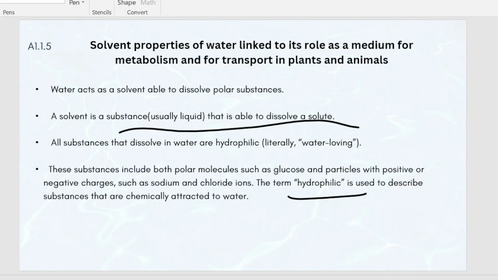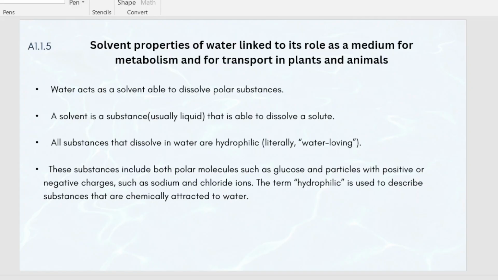All substances that are attracted to water are said to be hydrophilic. I also thought I should mention again that not all hydrophilic substances can dissolve in water. But the key word here is that hydrophilic substances are substances that are attracted to water.